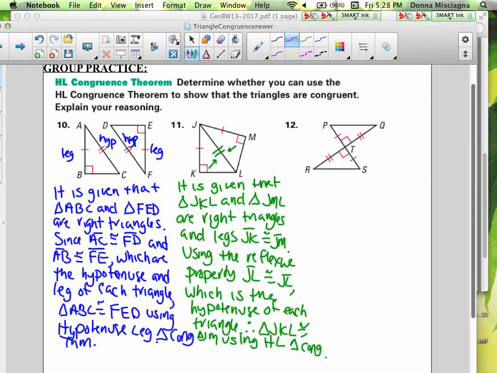All right. Well, it's given it's a right triangle, right? It is given that triangle QPT and triangle SRT are right triangles.